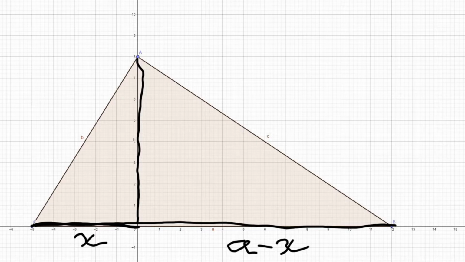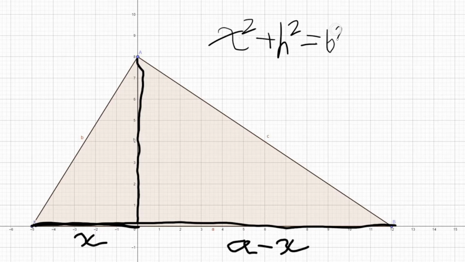So we can say that x squared plus h squared is equal to b squared, because b is the hypotenuse.